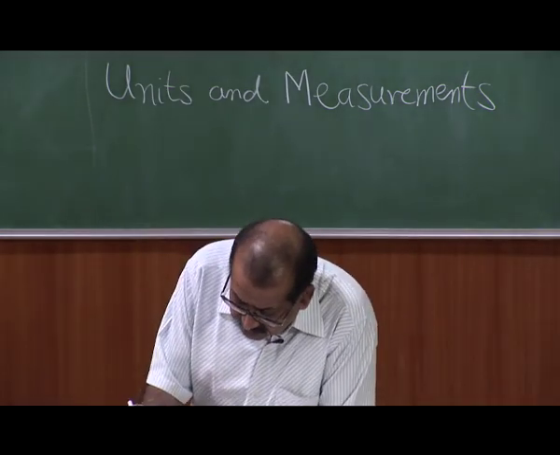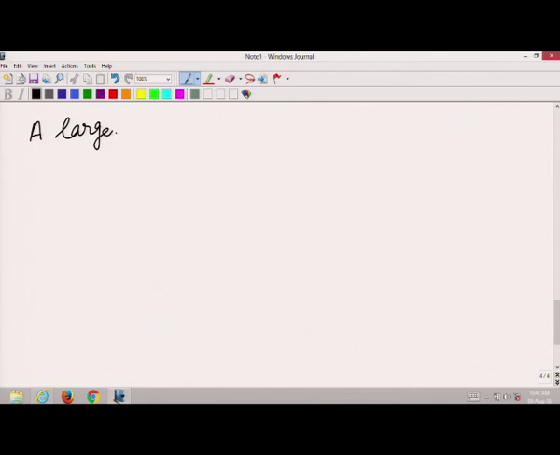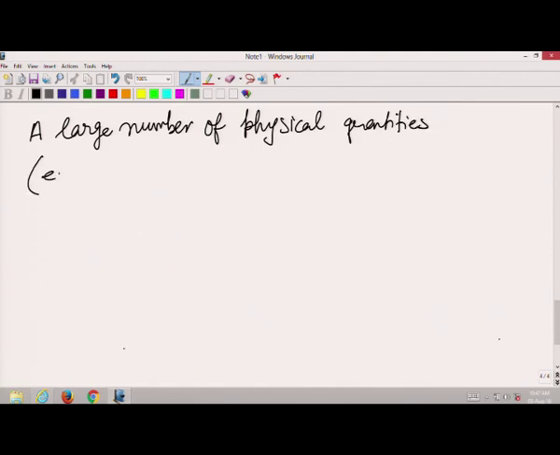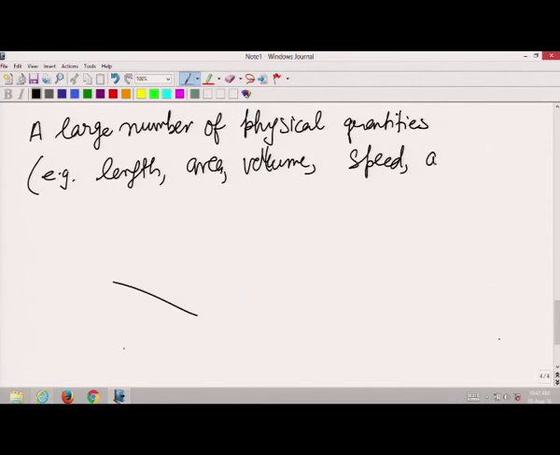So, we have a large number of physical quantities, and let us say for example we have the length of something, we have area, volume, speed, acceleration, mass, force, time.